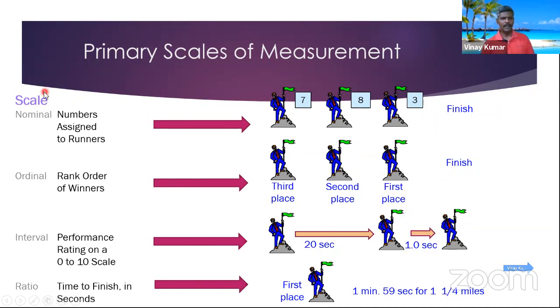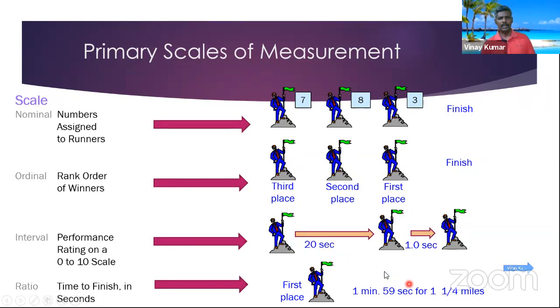Let me repeat again. In the nominal scale, the role is only to identify the subjects, whereas ordinal scale helps not only to identify the subjects, but also helps to know the position of the subjects. The third scale not only identifies, not only understands the position, but also we try to measure the difference or the interval between the subjects or the athletes, where we are trying to measure the performance.